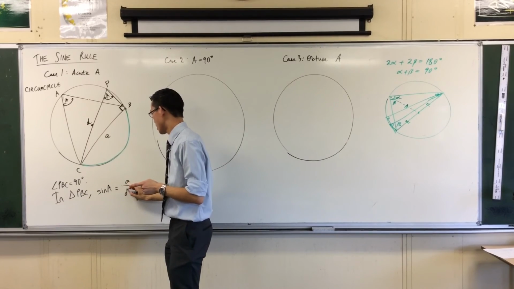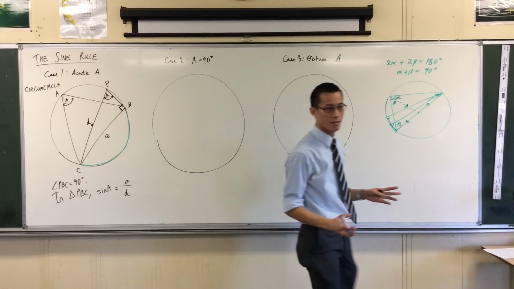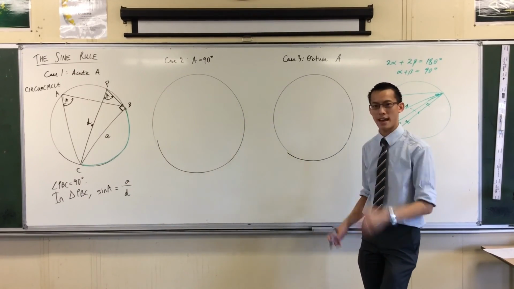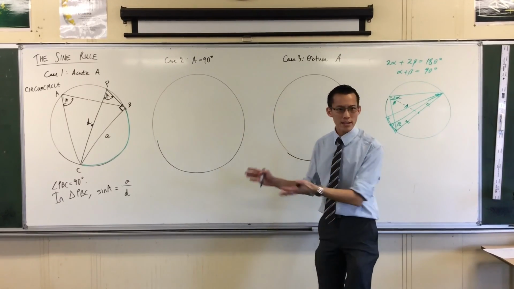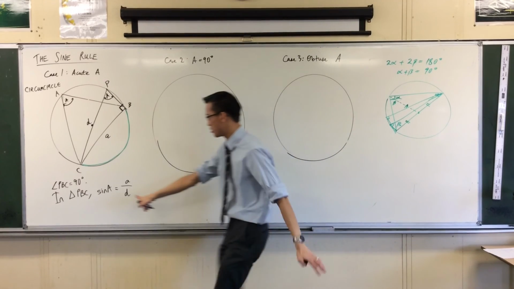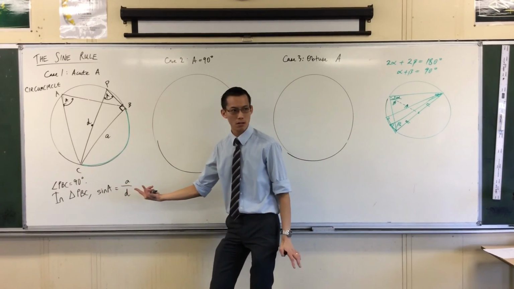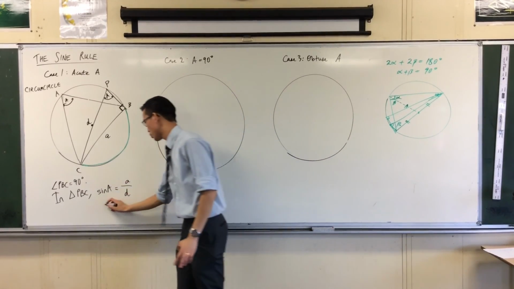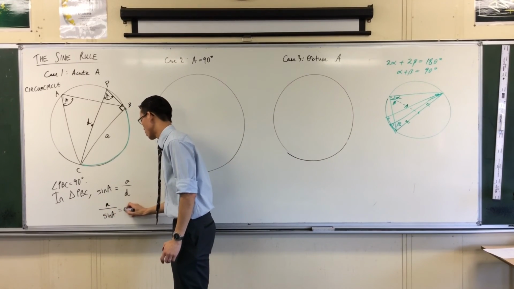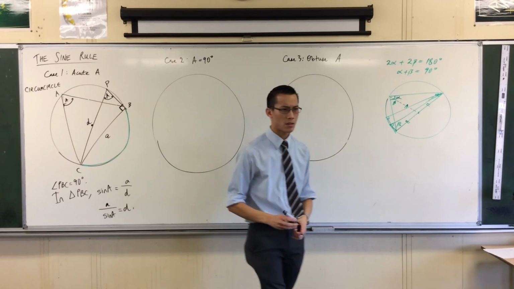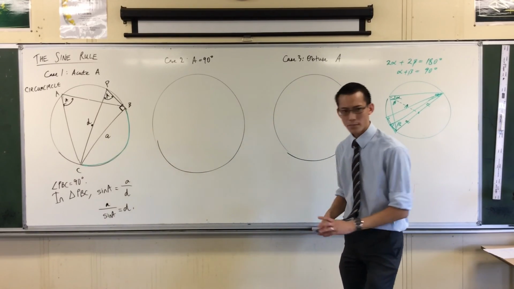Opposite on hypotenuse. You okay with that? A, that original side, over the diameter. So where's the sine rule in this? All I need to do is switch these guys over. If I switch them around, put them all on one side, I should get a on sine A equals D. Do you see what I've done?